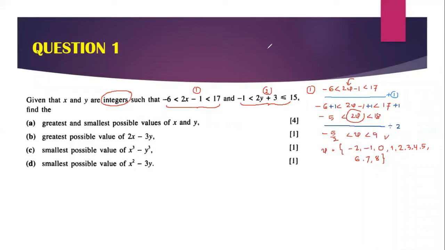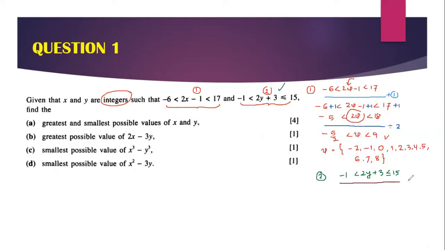Now we go to the second inequality. Our target is the middle item. How to modify 2y plus 3? The first step is adding minus 3. Is it correct, everyone?